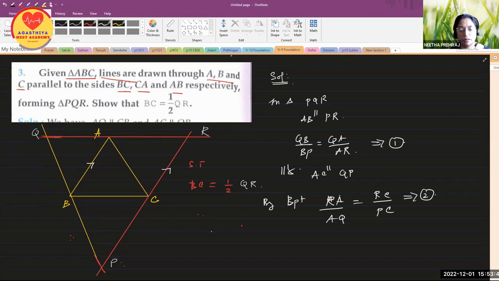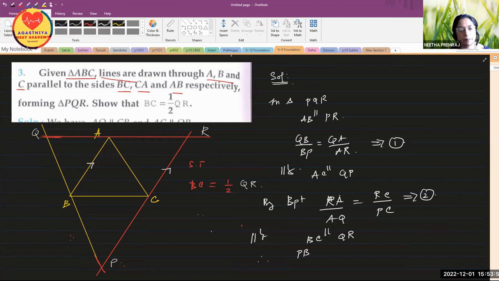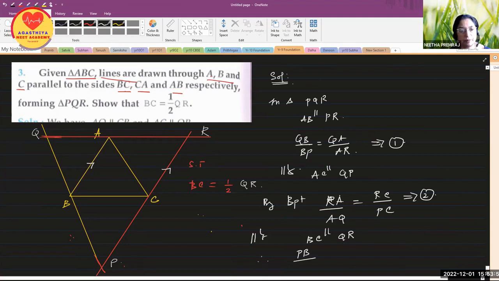Again, similarly, BC is parallel to QR. Therefore, how do you write? PB by QB is equal to PC by CR. Name this as 3.